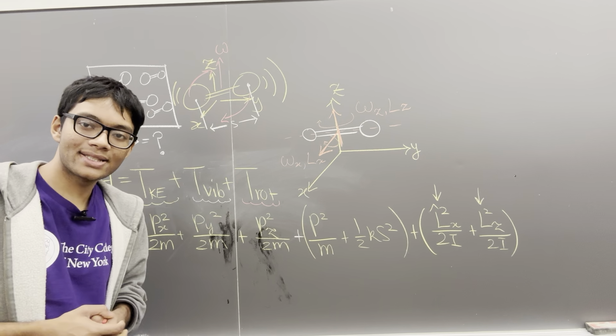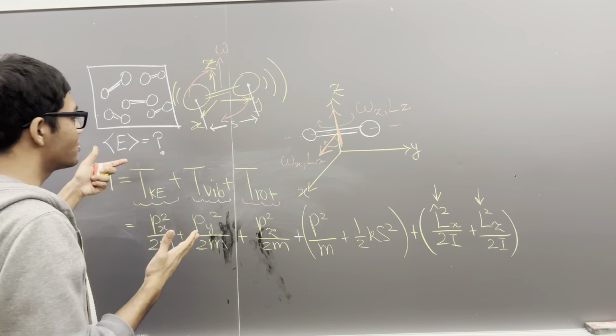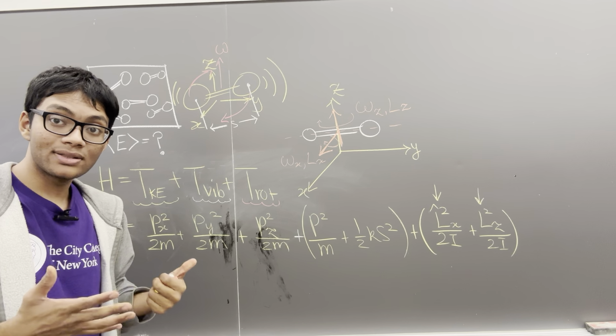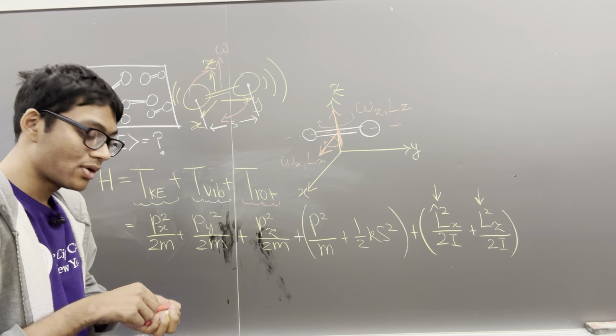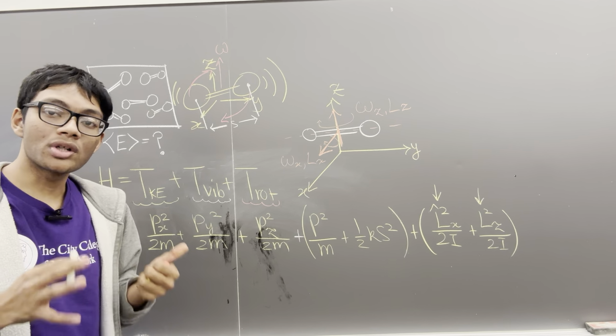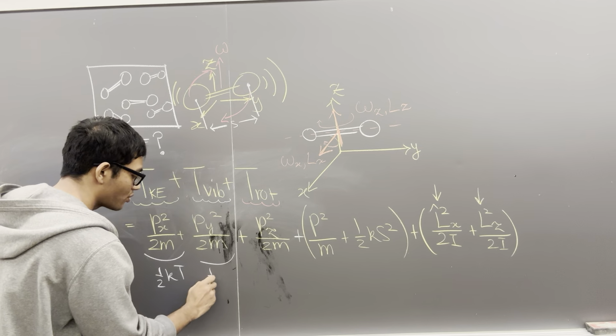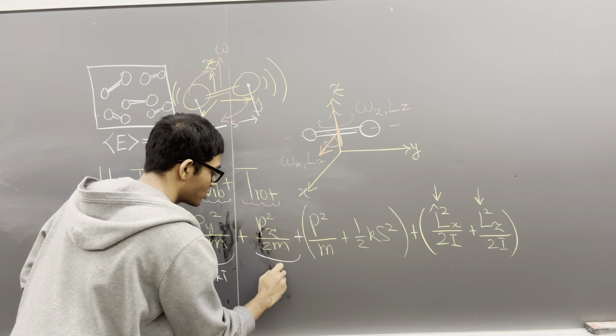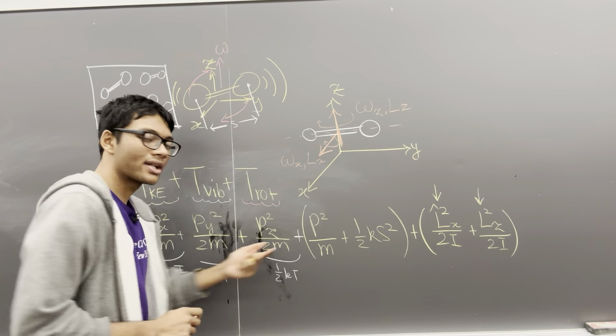Right, so how is this going to help us calculate the average energy of this diatomic gas? Well, now we apply the equipartition theorem, which says that each quadratic degree of freedom of the system contributes 1/2 kT to the average energy. So this contributes 1/2 kT, this contributes 1/2 kT, and so on and so forth.